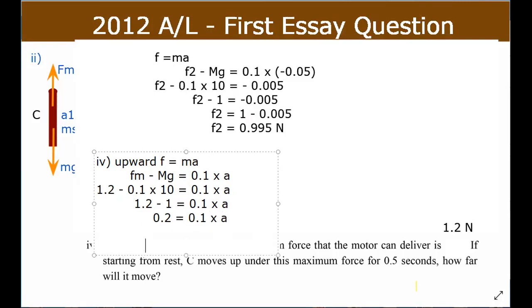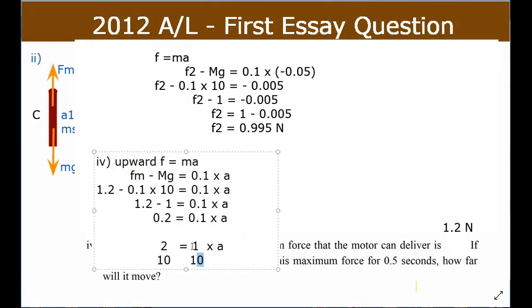Now, very simple. Look at the board, I can write 0.2 as 2 divided by 10. So there is a simplification method. 0.1 can be written as 1 over 10, into A. I have written 0.2 as 2 divided by 10 and 0.1 as 1 divided by 10.